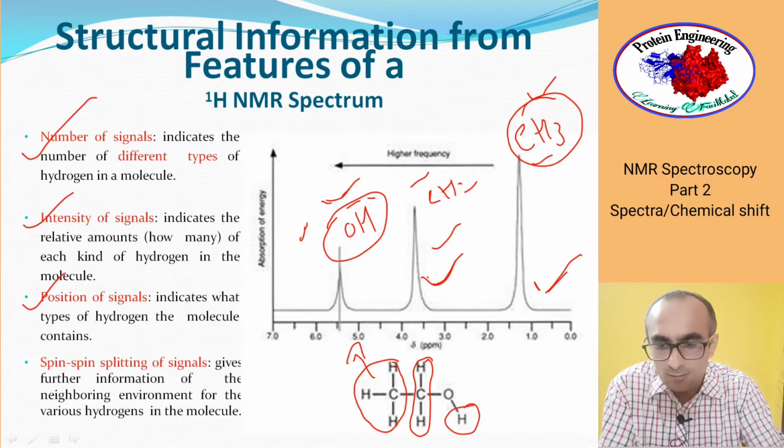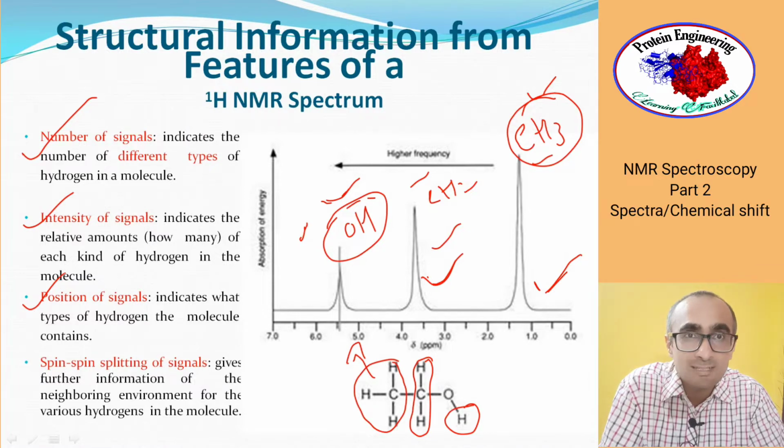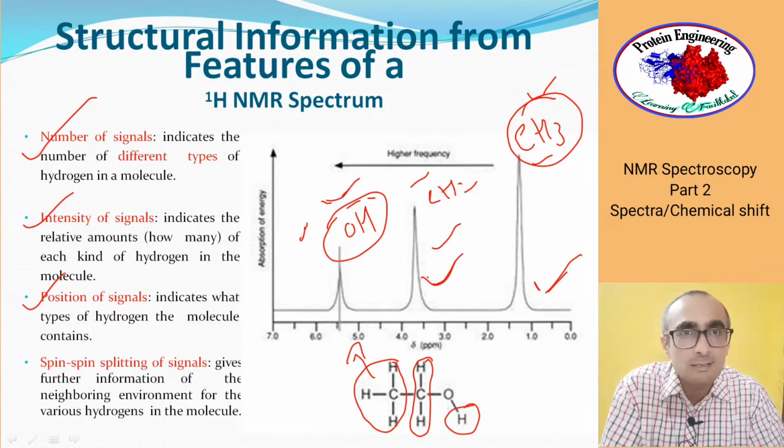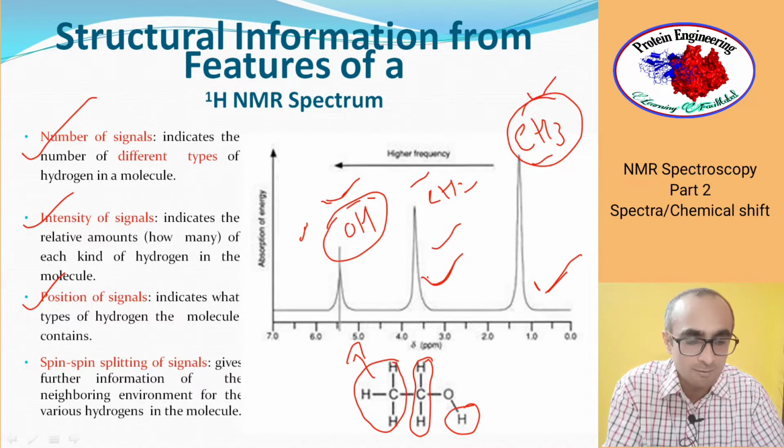Then the third information is the position of the signal. The position of the signal in NMR spectra is also called the chemical shift. So the position of the signal indicates the type of hydrogen that the molecule contains, essentially the type of hydrogen in the sense of having a unique environment in the molecule. For example, here there are 3 types of proton having 3 different environments.